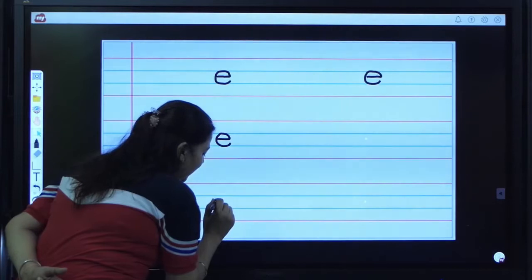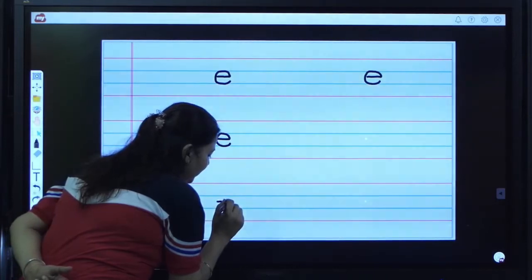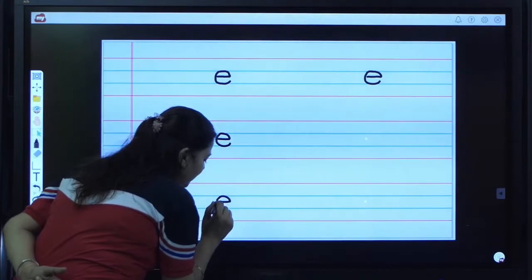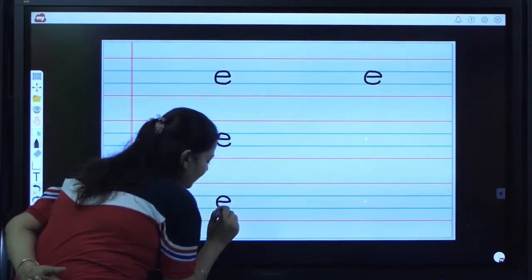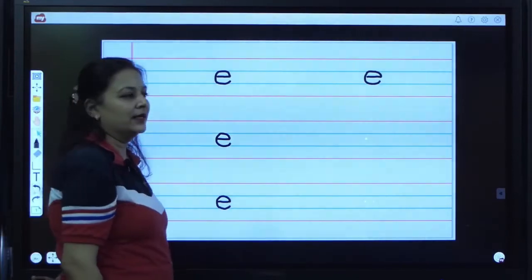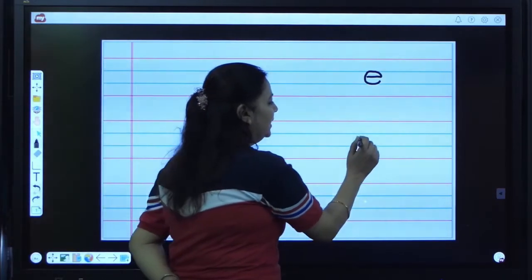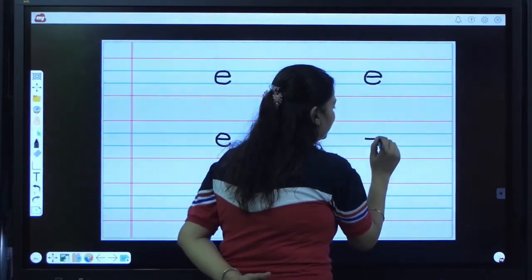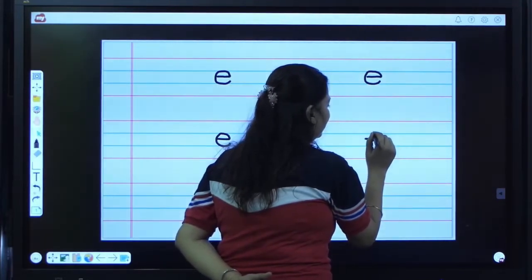Draw a sleeping line between middle line and base line. Go up till middle line. Make a curve. Now come till base line. E. Now again I am going to tell you the formation of E. Draw a sleeping line between middle line and base line.